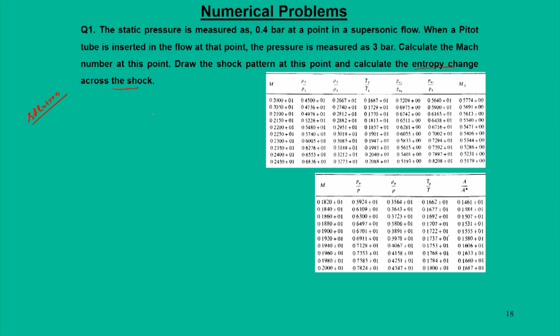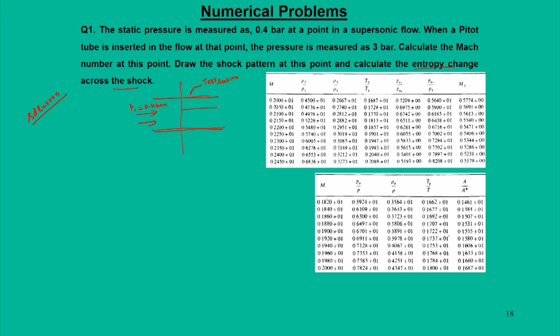So, if you draw a schematic of this flow field, what we see here is a flow field involving a pressure of 0.4 bar, and this is maybe a test section. On this test section, we are measuring at this cross section with this velocity.